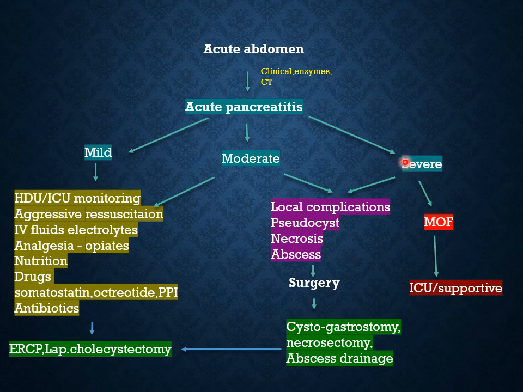If the patient improves, then you subject him to the various surgical procedures as in moderate pancreatitis, the triple surgery: cyst gastrostomy, necrosectomy and abscess drainage. And finally, these patients should still be subjected to ERCP with sphincterotomy and lap cholecystectomy.